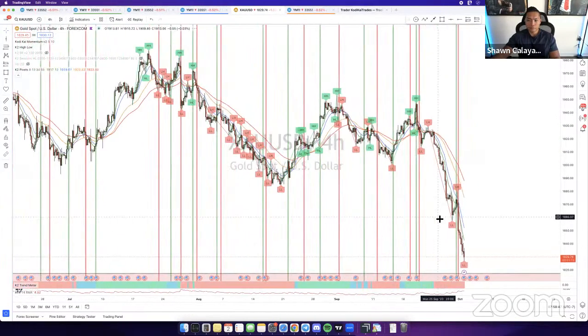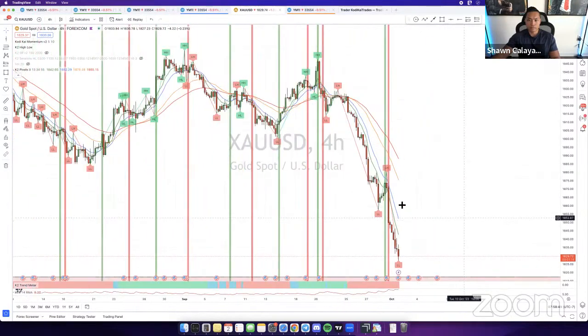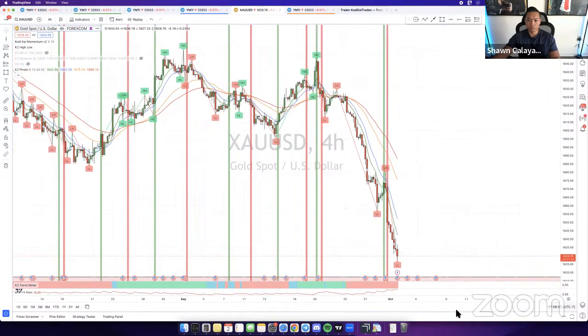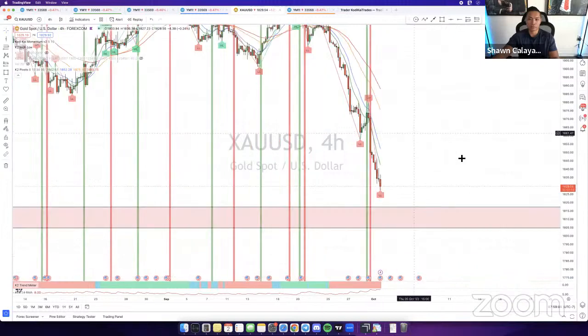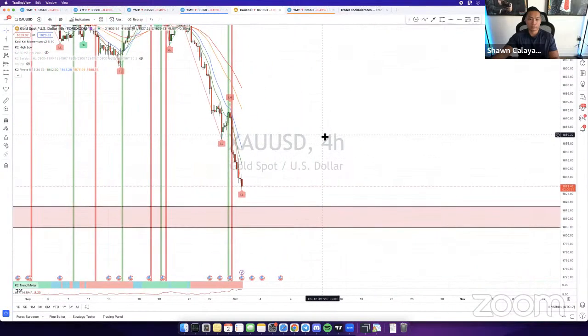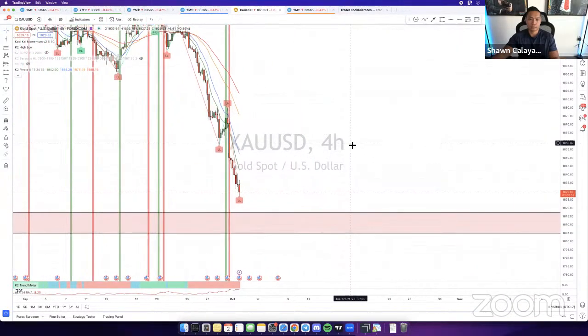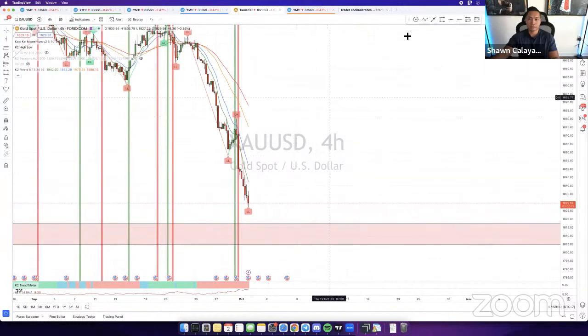There's not too much to analyze here because obviously it's bearish. The only thing you can probably look for is where price will likely bounce from. You'd have to see what Powell says today, because whatever Powell says is going to have a pretty strong effect on gold here. If he says that they're going to raise interest rates this month, then you'll probably see price start climbing from where it's currently at.